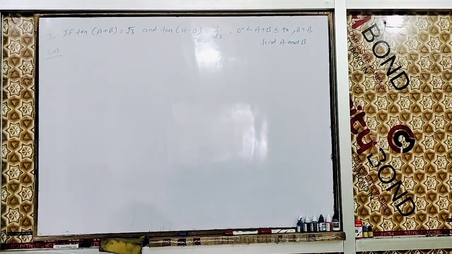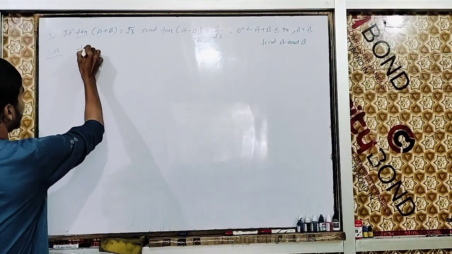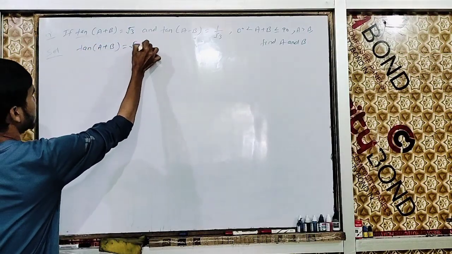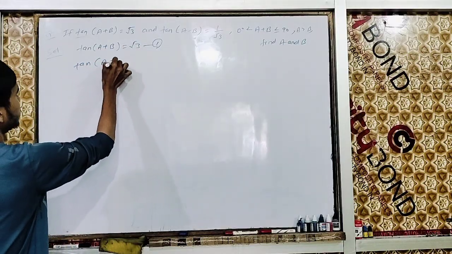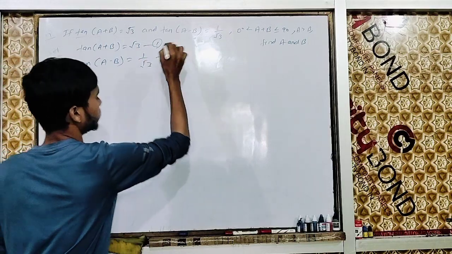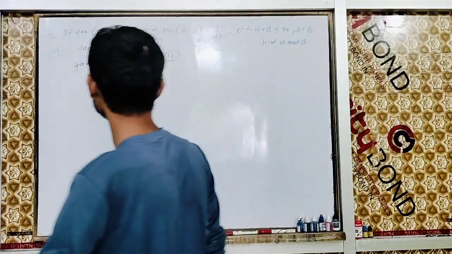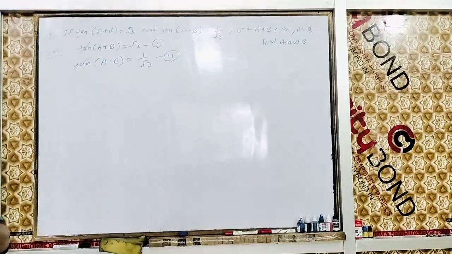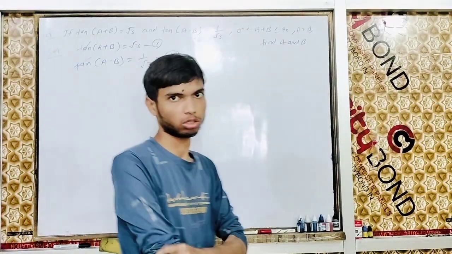In that case, this is one equation, tan of a plus b equals root 3. Now next we have a minus b, this is the second equation. From one equation to the second, we can see that both are cutting each other. So finally we got this much.